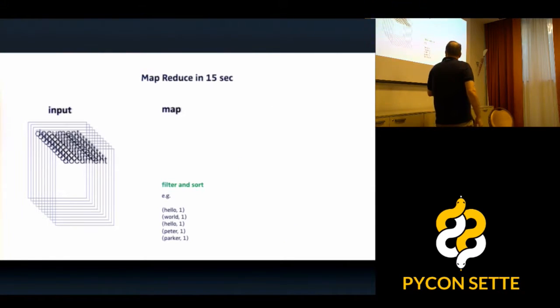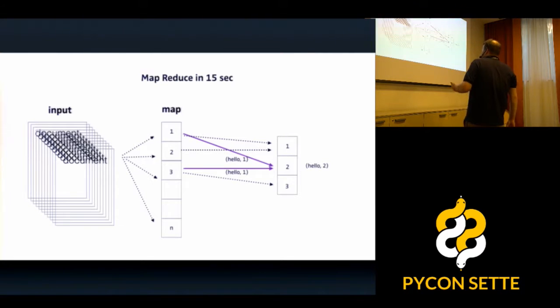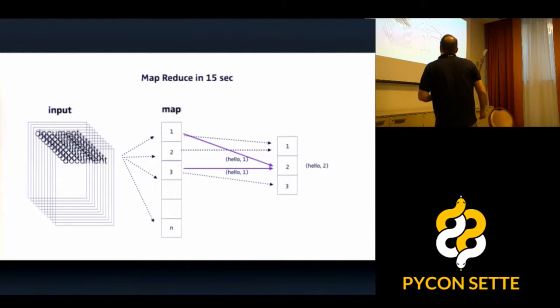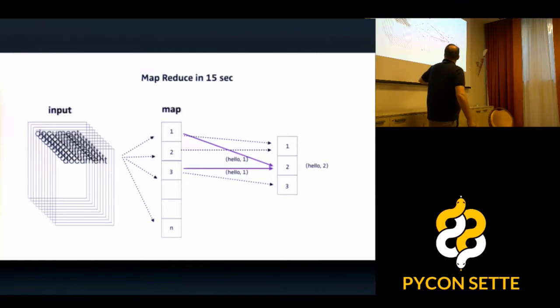This is just a different representation. The big advantage of MapReduce is that we can scale the processing of our data. These are all the servers. We take our data and spread the documents across many, many servers.